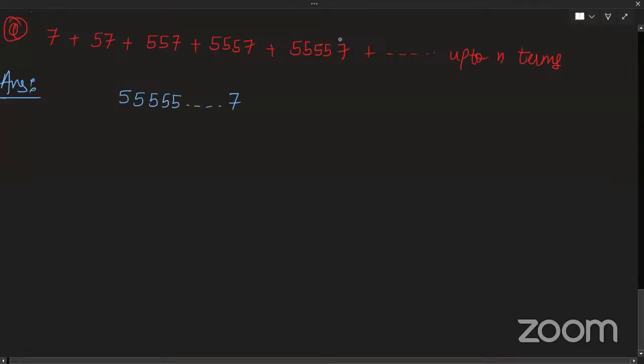Any term from this series will look like this, assuming it has 5 in front of it and a 7 at its last.